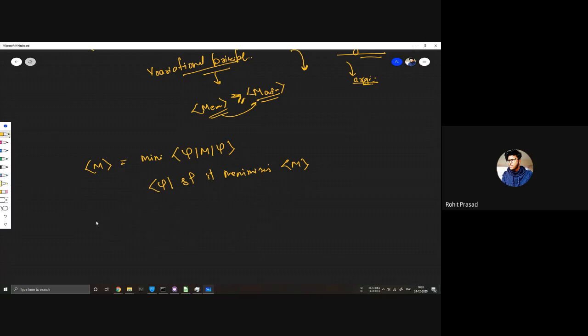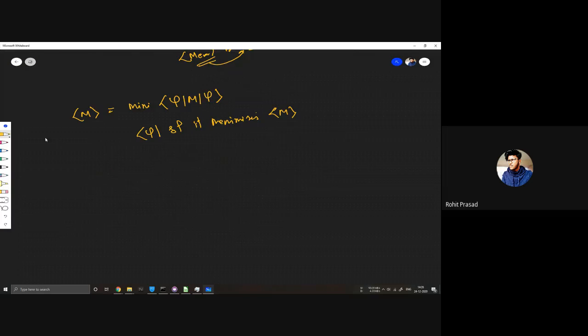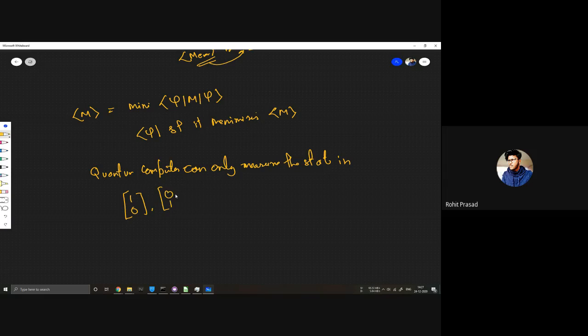So the first challenge we get is that our quantum computer can only measure the state in the 0 and 1 states, right?